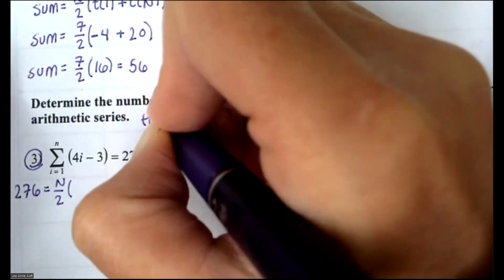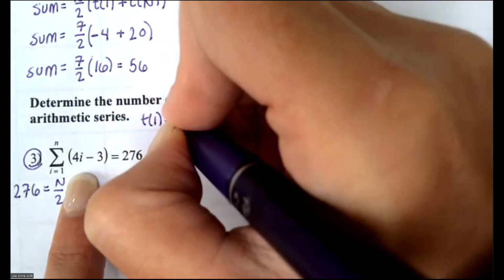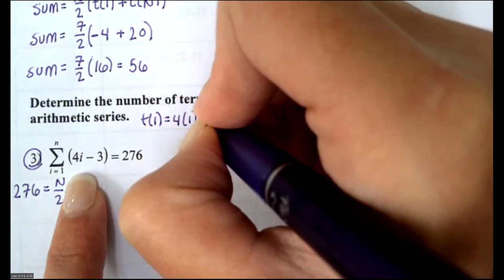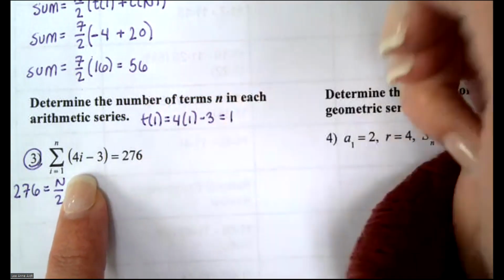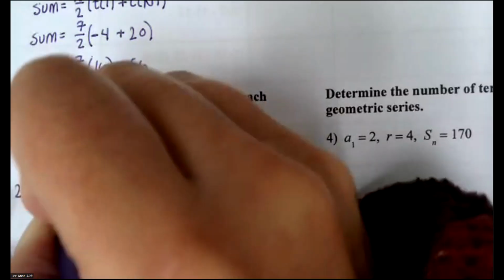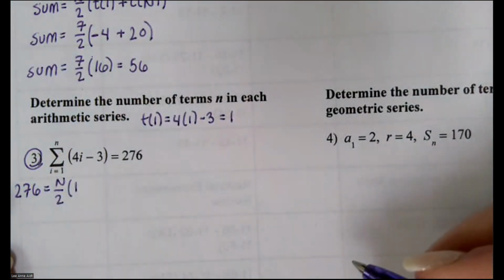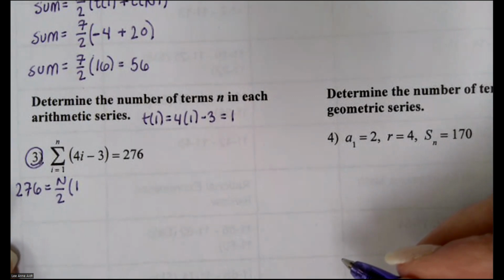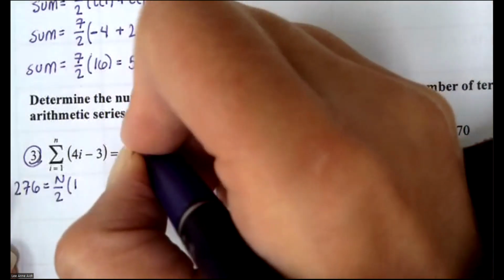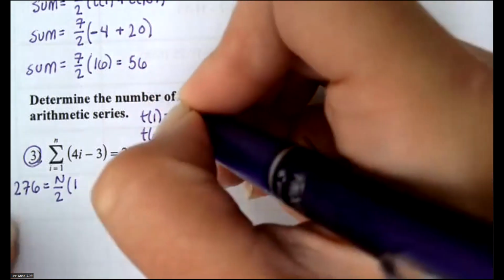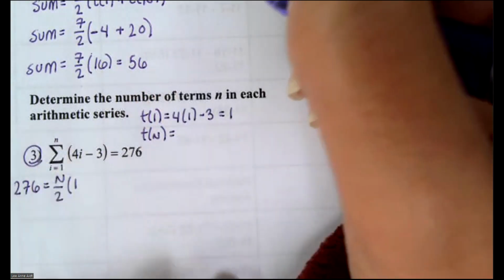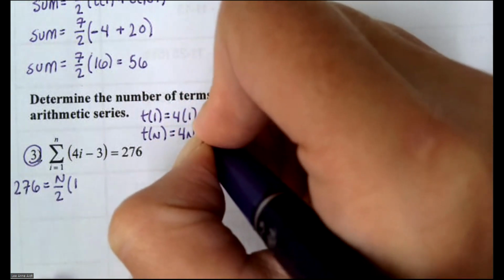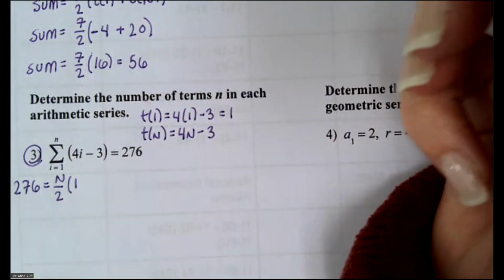First term is going to be 4 times 1 minus 3, which is 1. Everybody good with that? Okay, and now I'm going to get the last term, which is what I get when I plug in n, which is 4n minus 3.